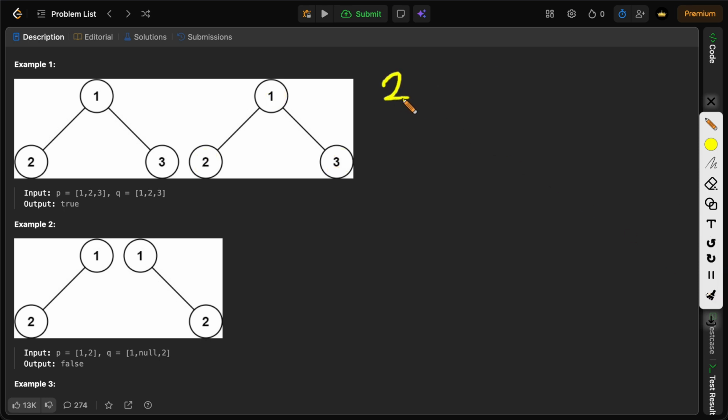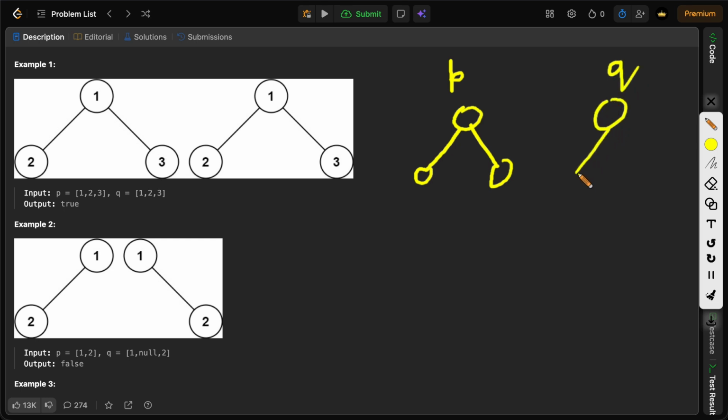So the second and most optimal solution for this problem is that we form only one function, and in that function we traverse both trees node by node. This is our first tree, the P tree, and this is our second tree, the Q tree.